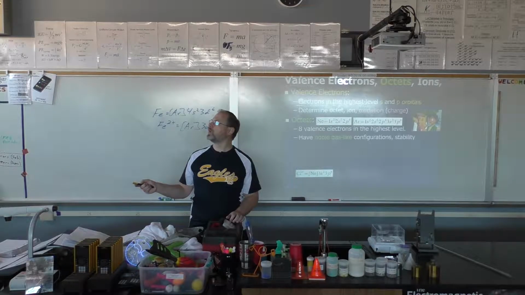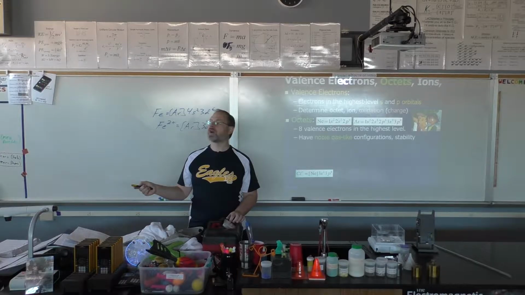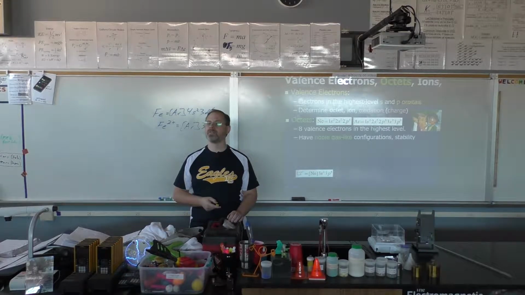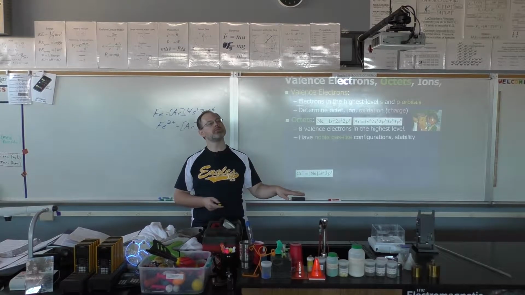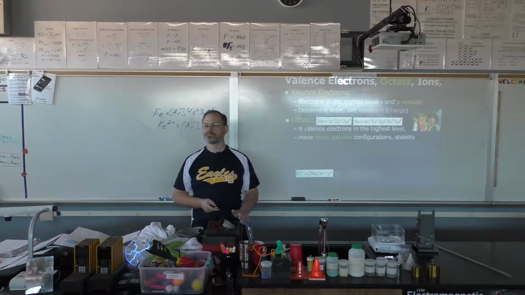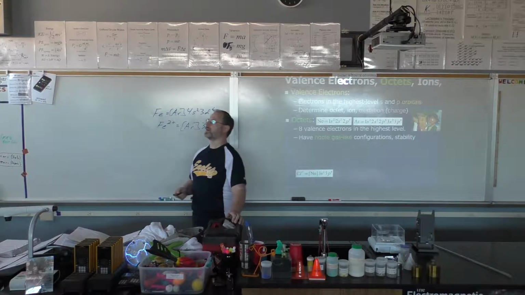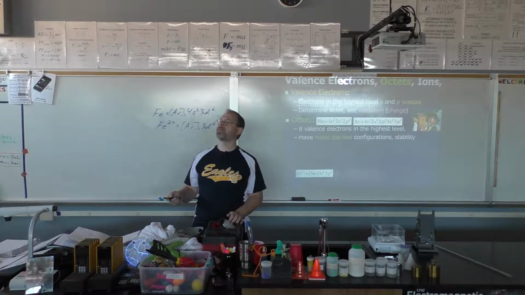So if you're chlorine, you've got 7 valence electrons. You're going to try really hard to get that last one. With 7 valence electrons, you are highly unstable. But with 8 valence electrons, you are totally chill. Very stable. Now on the other end of the periodic table, we have sodium.